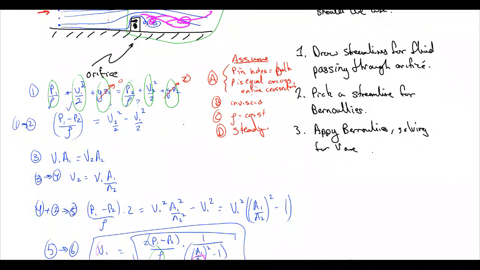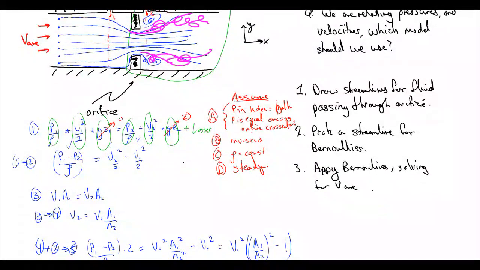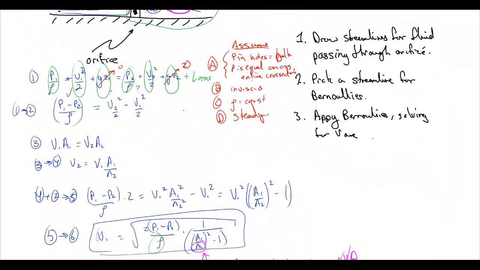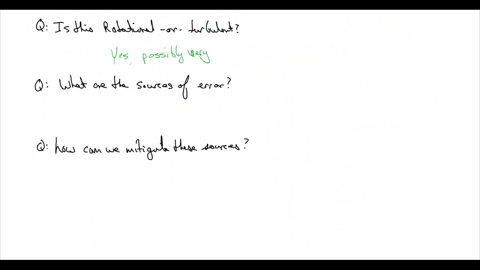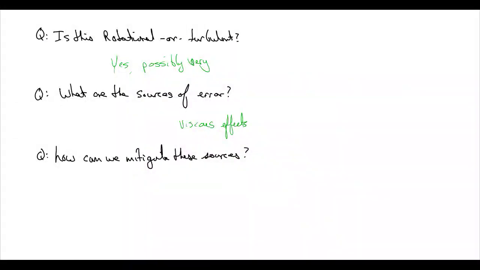Then there's going to be some error: our V2 is going to be smaller than we would expect it to be, and as a result our pressure 2 is going to be smaller than we expect it to be also, and our V1 is going to have some error in it. So the viscous effects would cause error. That's an error in our model.